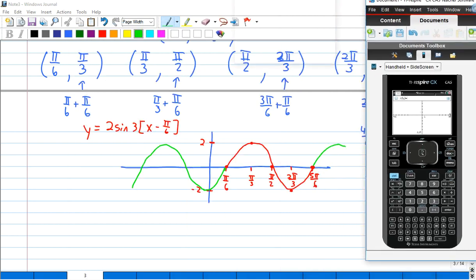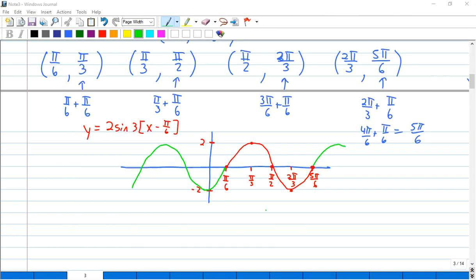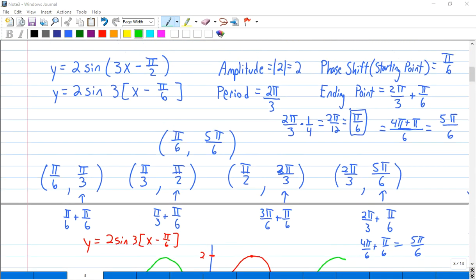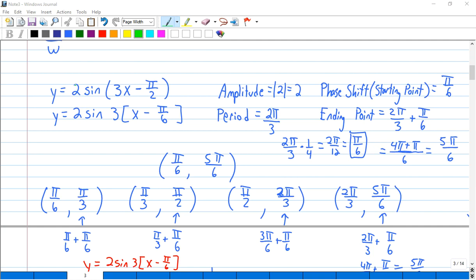All right, so just 1 second. I'm going to type it in again when it's not in the factored form, just to show you that we're going to get the same thing.